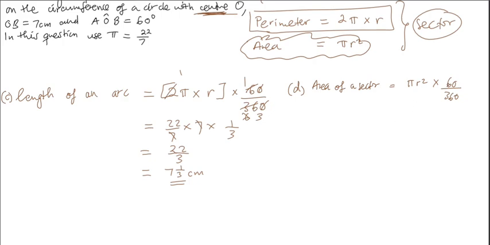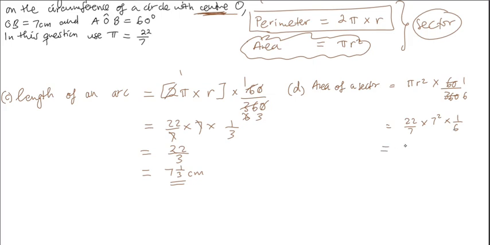So now we substitute our values. Of course, we can cancel out. If you divide 6 into 6, you get 1, and down there you have 6. Then we can substitute some other things. That's 22 over 7 times 7 squared times 1 over 6.